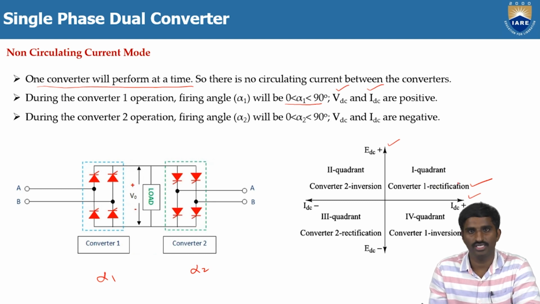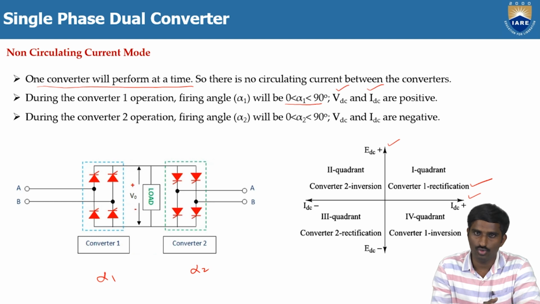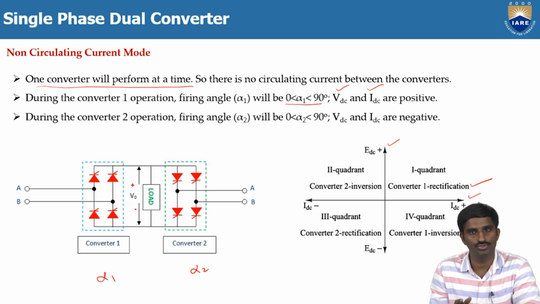This is the rectification mode, because the actual rectifier function is AC to DC. Here the AC is the source and DC is the load, so the supply is from source to load.